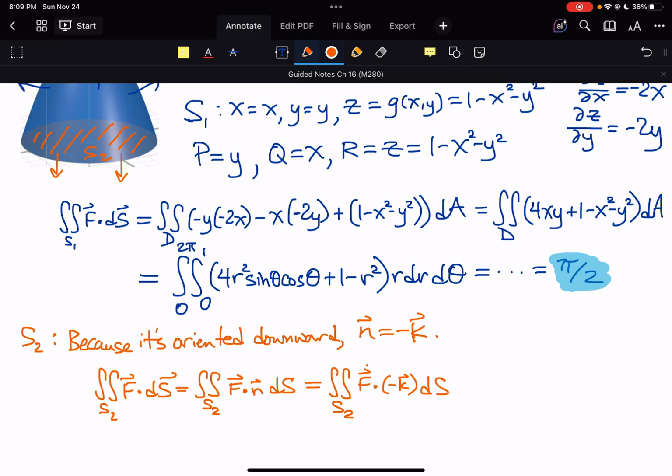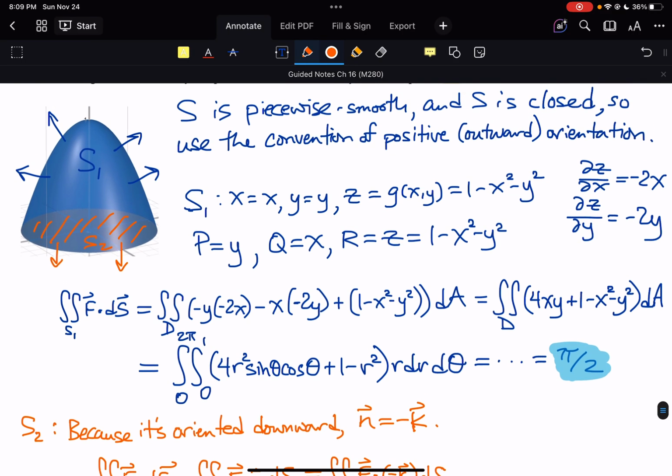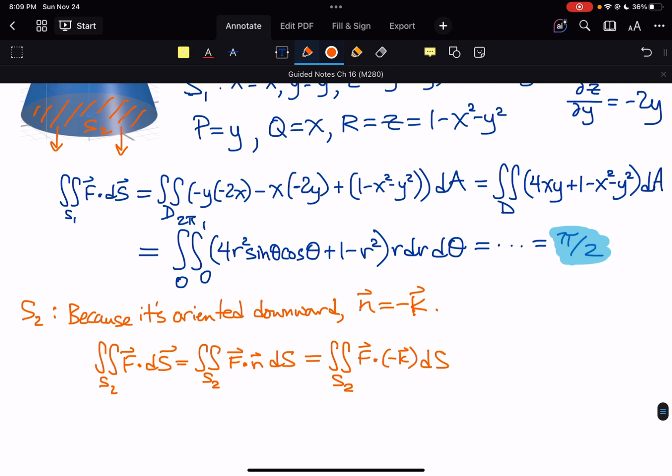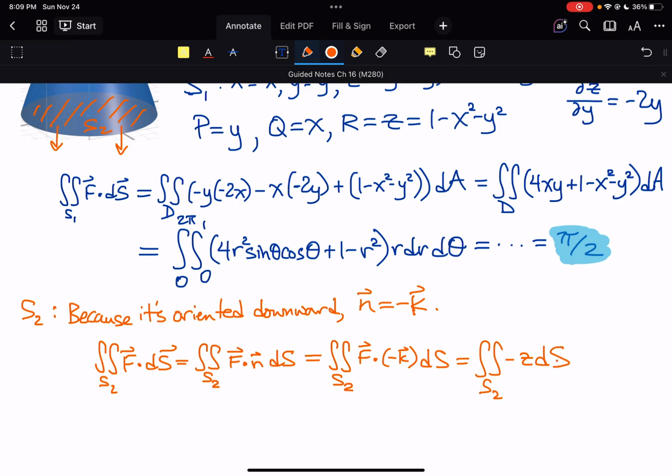The j component will be nothing, times 0. And the k component, we just multiply by negative 1. So we take z times negative 1, and get the surface integral over S2 of negative z ds.